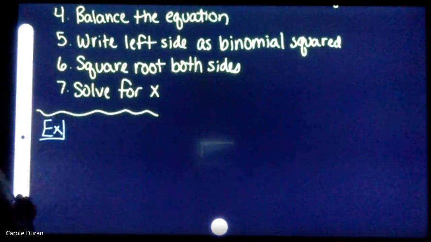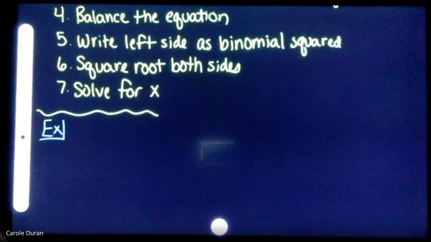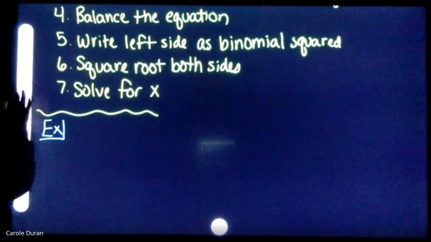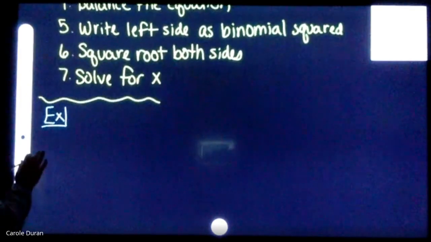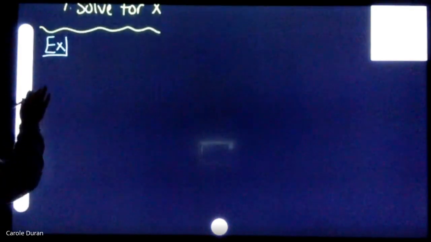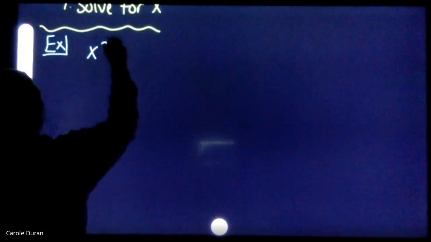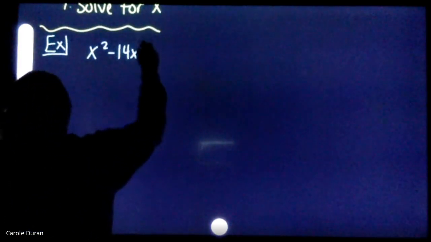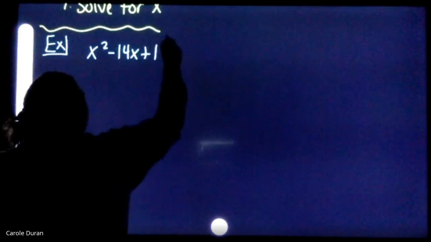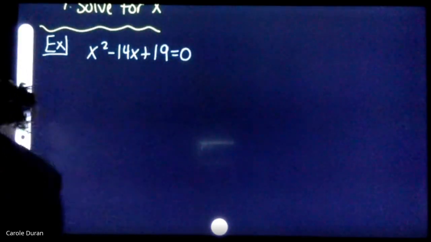So these are all going to be examples of solving by completing the square, okay? The first example is going to be x squared minus 14x plus 19 equals 0.